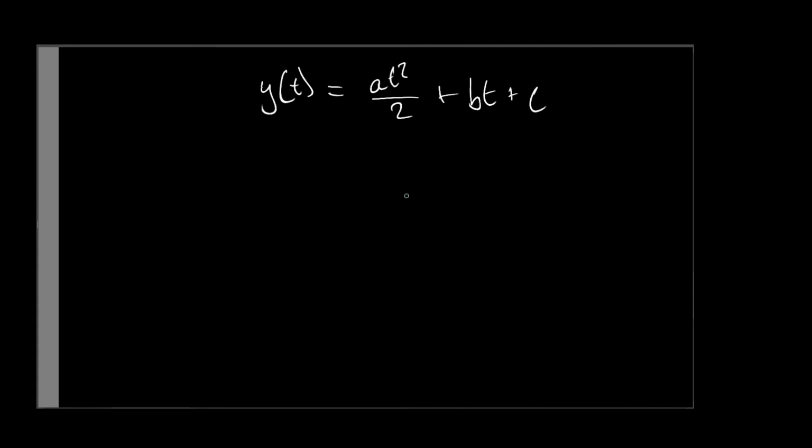If you take a situation where y of t, which is just another way to say position because it's on the y-axis this time rather than the x-axis, is at squared over 2 plus bt plus c. Alright, back to this.